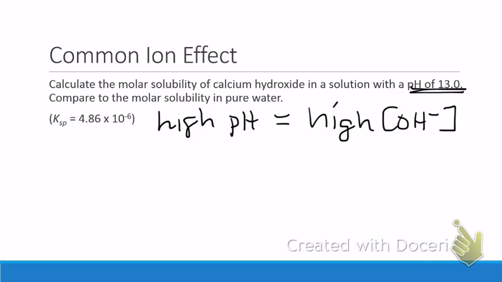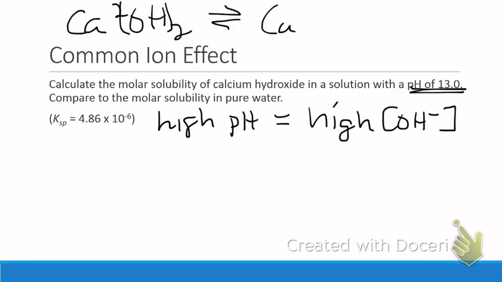And this is important because if we think about our equilibrium expression, that'll be calcium hydroxide. It breaks down into calcium 2+ and 2 hydroxide ions. So having that high concentration of hydroxide will affect how soluble the compound will be. So we need to find the concentration of hydroxide first.